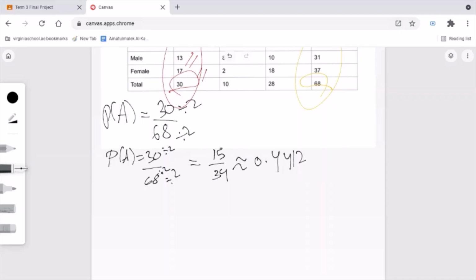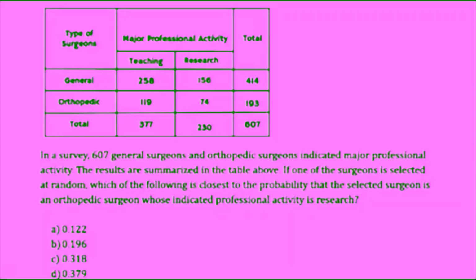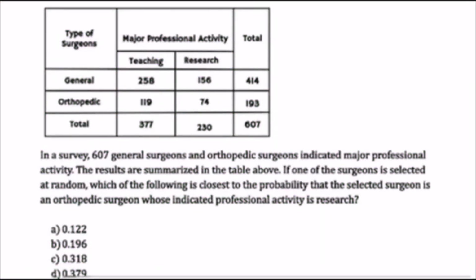To convert a decimal to a percentage, we multiply by 100. So 15 over 34, approximately 0.4412, equals 44.12 percent.